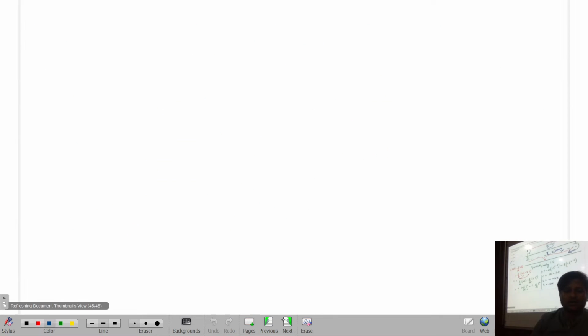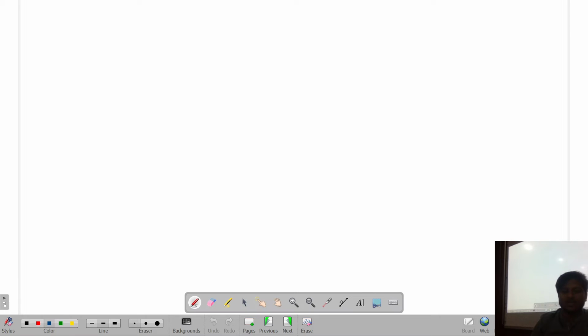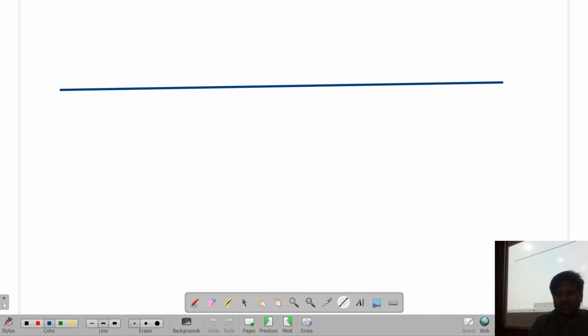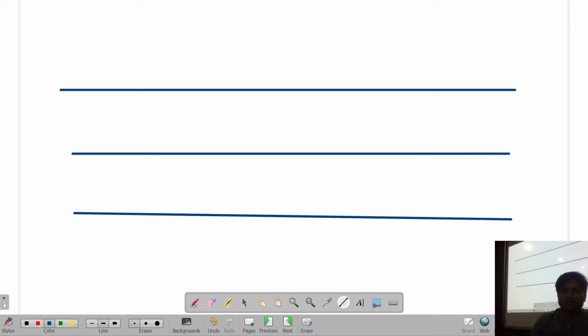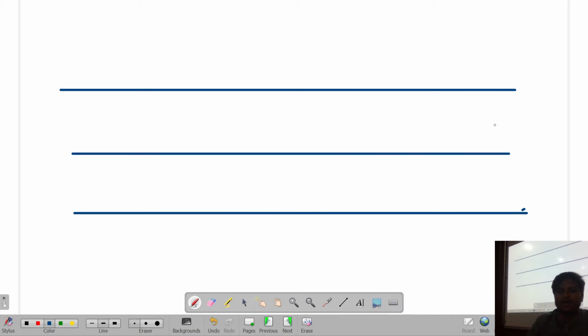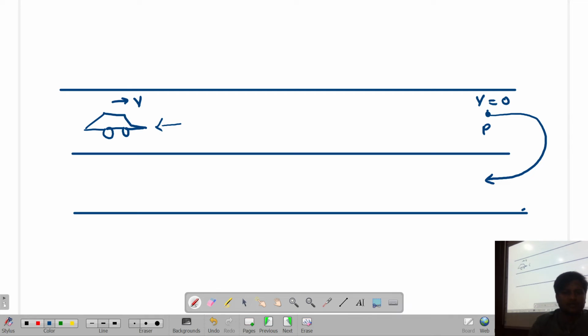I'll draw this. Remember, try to understand, all of you. This is my road. If the particle wants to turn from here to here, if the car is over here, moving with velocity v, at this point the velocity should become how much? 0, so as to reverse.